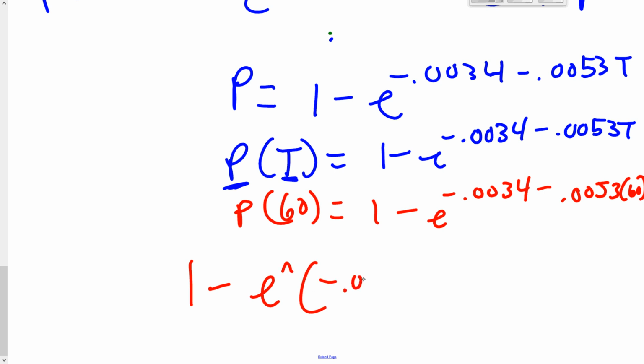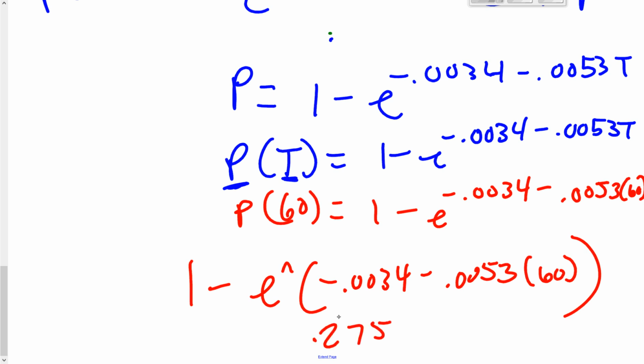You can do negative 0.0034 minus 0.0053 and then parenthesis 60 and then close this e off, and that will give us our answer of approximately 0.275. So our P of 60 is 0.275 or 27.5%.